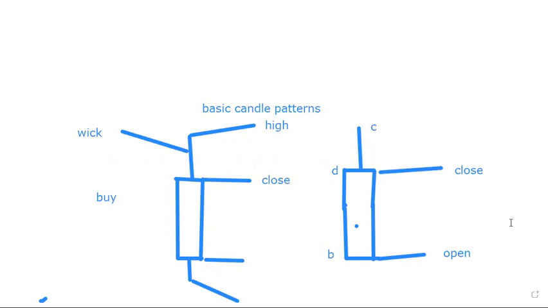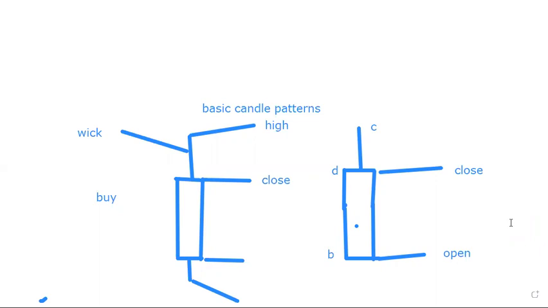Yeah, let's go. So everybody look at what I just drew. You're going to tell me whether that's a buy candle or a sell candle. That's going to be Greenman's job.